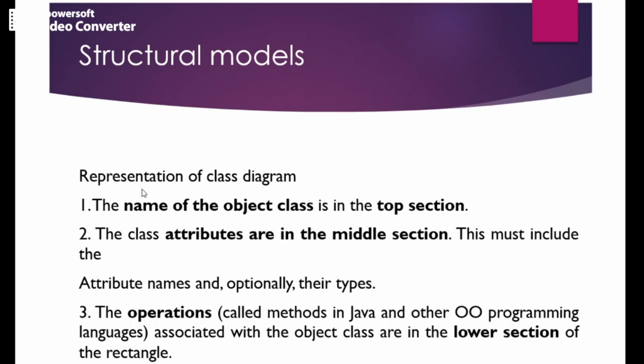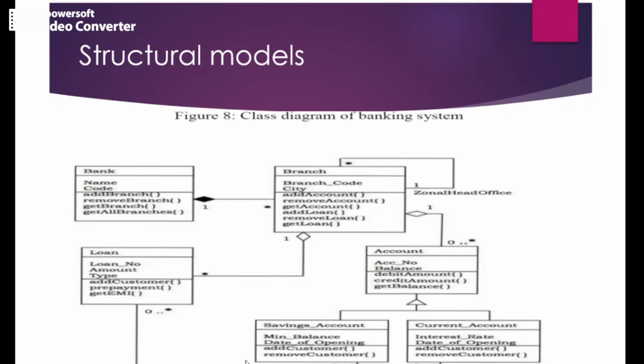Now, one more thing left out is the operations, or we call them methods. The methods associated with the object class are in the lower section of the rectangle. Lower section means this one. Add branch is a method. Remove branch is another method. Get all branches.